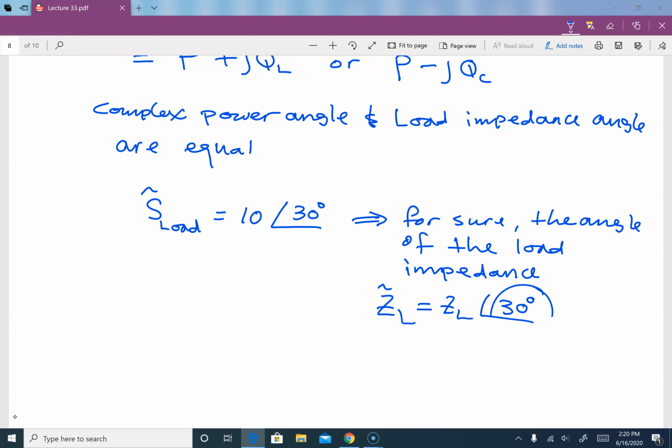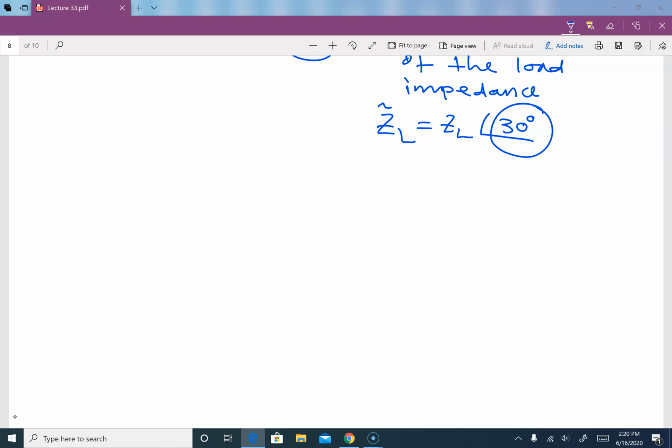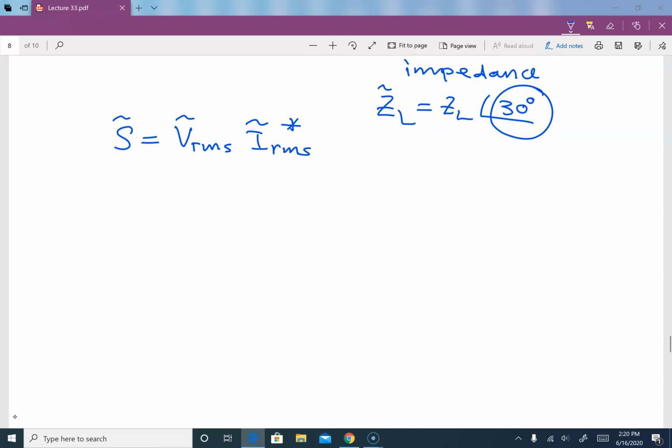So this angle and this angle are equal all the time. And of course we can say our complex power, as we said, is VRMS times IRMS conjugate, and we have said that this formula is the most powerful formula in AC circuits. Why is that?